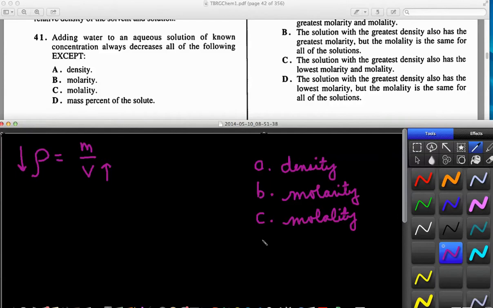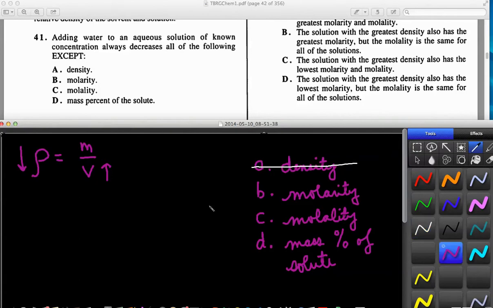Once I started doing it this way, the number of questions I missed went down substantively. So we know that A is going to decrease. We're looking for the one that doesn't decrease. That means A should be eliminated. I'm just going to put a line right through it and not consider it.